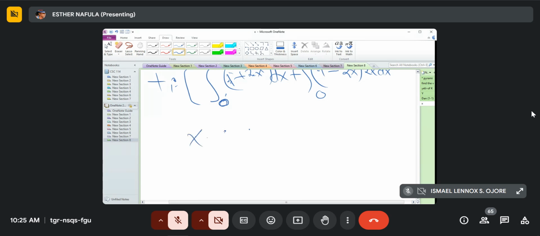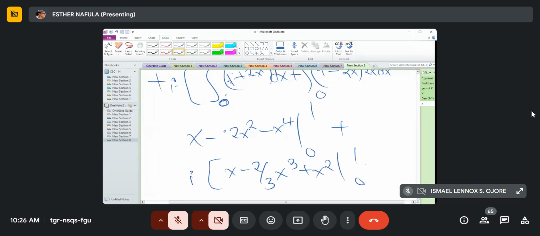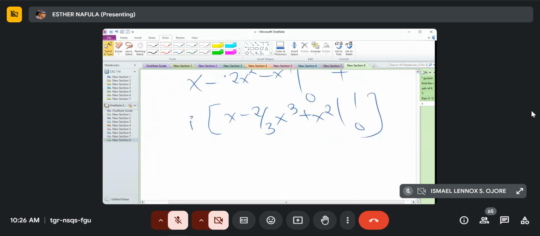If you simplify this, you should be able to get x minus 2x squared minus x to the power 4 from 0 to 1, plus i times x minus 2 over 3 x cubed plus x squared from 0 to 1. Should be easy to see.